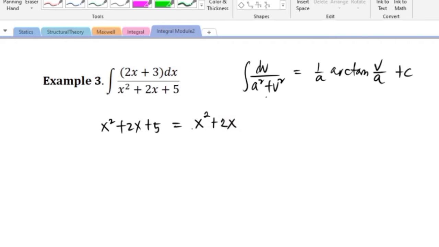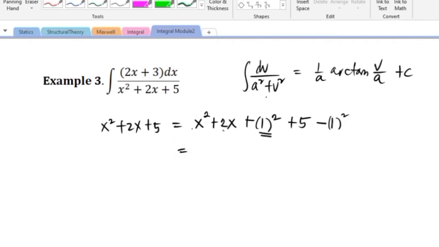Yung third term natin is half of the coefficient of x here and take the square. So, 2 divide 2 is 1 and square. Plus 5, since nag-add tayo ng 1 square dito, we have to subtract 1 square dito.